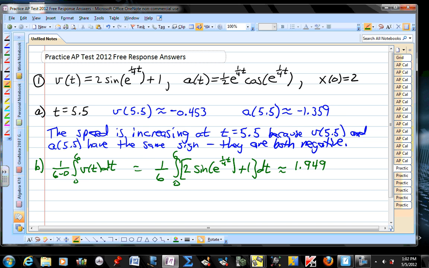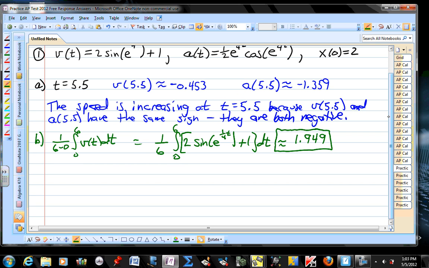I think we assumed it was seconds. Since they don't give us units, we cannot include units in our answer. So the average velocity on a time interval from 0 to 6, whether it's seconds, minutes, hours, days, years, whatever, is about 1.949 units per unit of time. And that's part B.